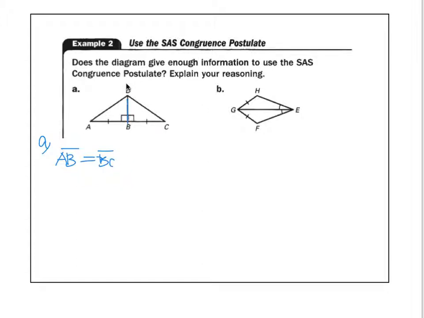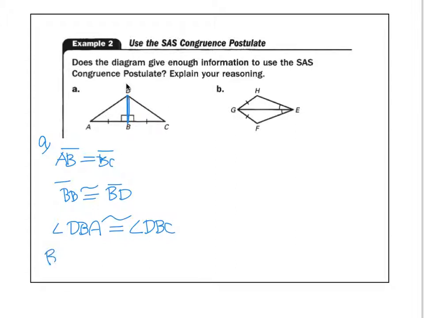And again, I have a shared side. So BD is congruent to BD itself, and that's by the reflexive property. Then I have angle DBA is congruent to angle DBC because they're both 90 degrees.